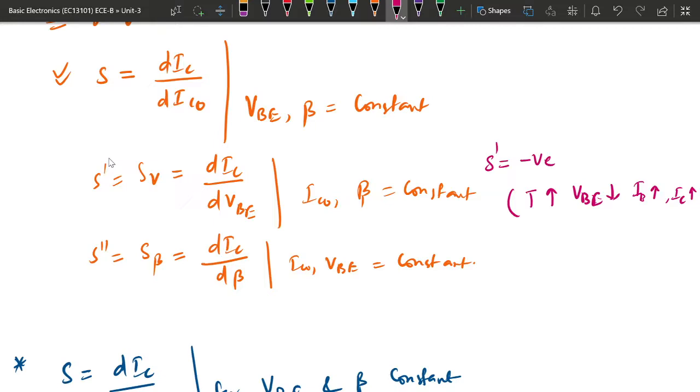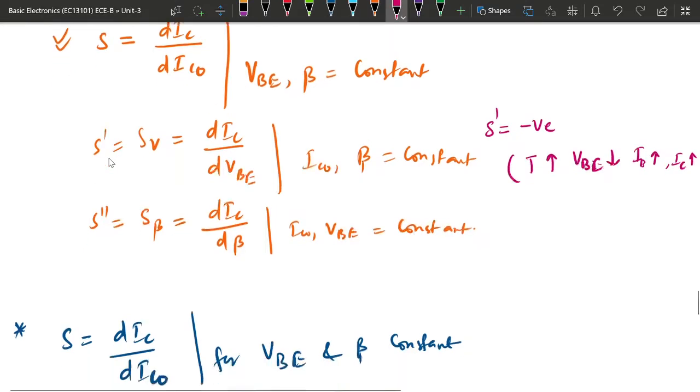In this one and this one, if we increase ICO, IC will be increasing, and if we increase beta, IC will also be increasing. So those have a positive relation, but this has a negative relation. As this is negative, the system will be considered a stable system.